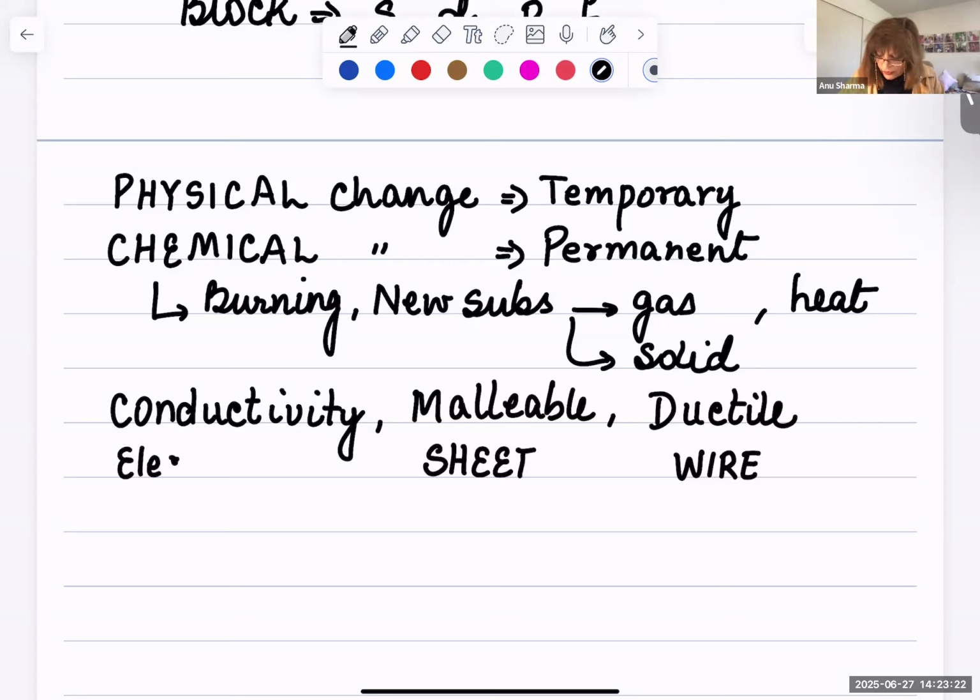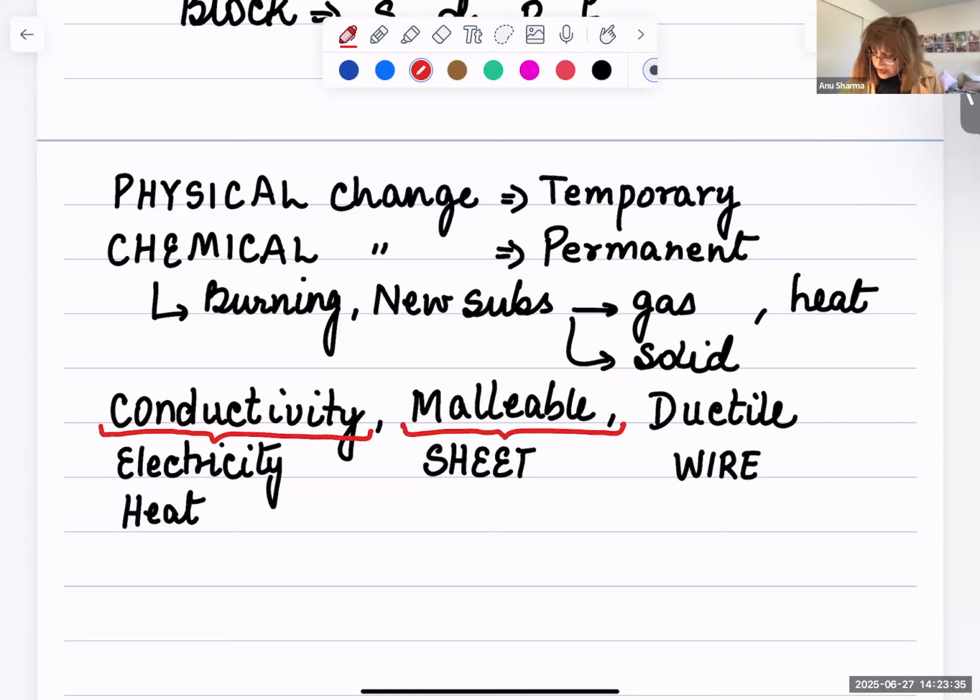And ductile is making things into wires. A wire is ductile. Conductivity is with respect to electricity and heat also. Something conducts heat or electricity. So just look at the slides that are posted that have more information, with the pictures and everything, which you can remember.